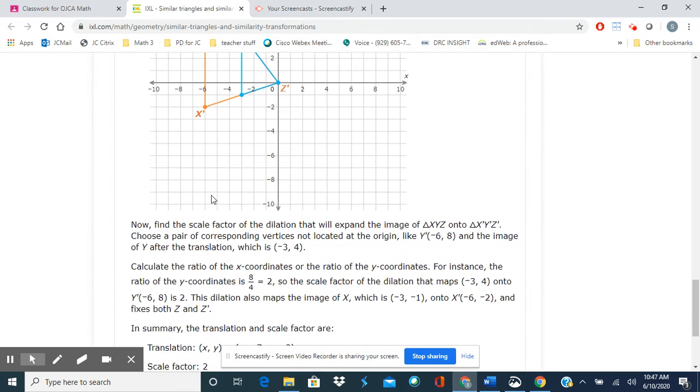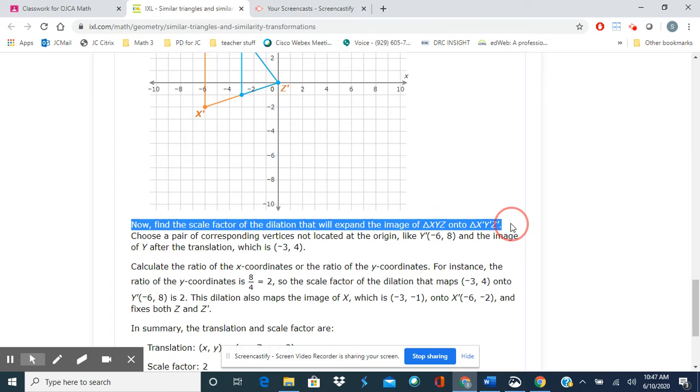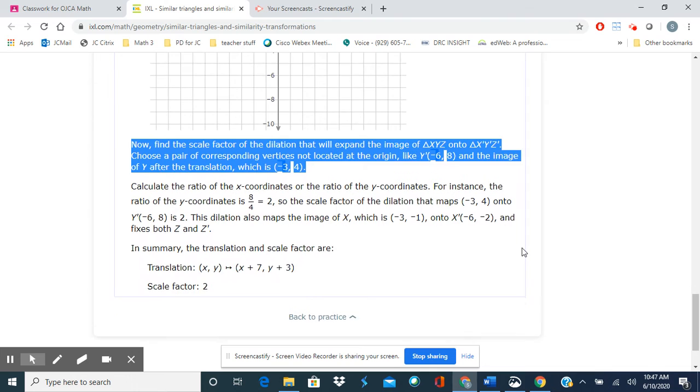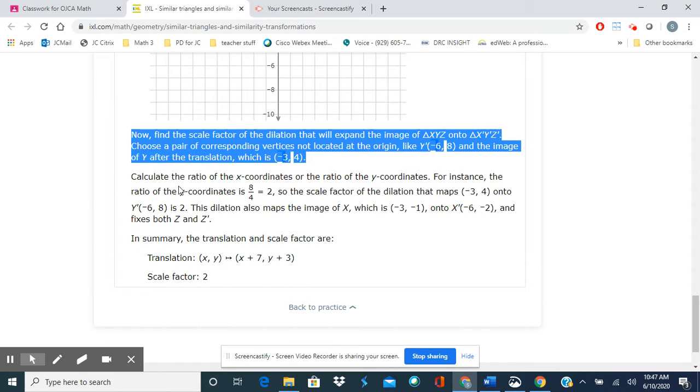So then you're going to find the scale factor of the dilation that will expand the image. You're going to choose a pair of corresponding vertices not located at the origin. So you're going to use your x and your y and calculate the ratio.